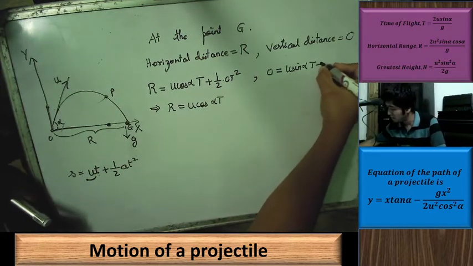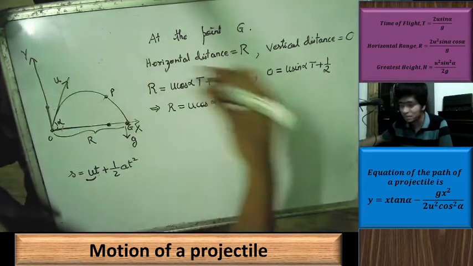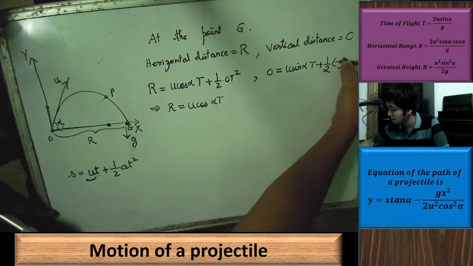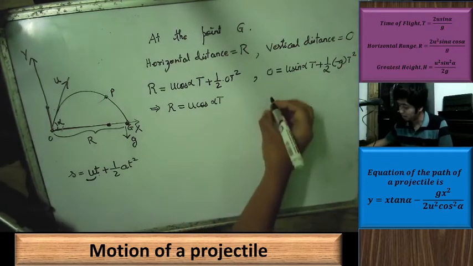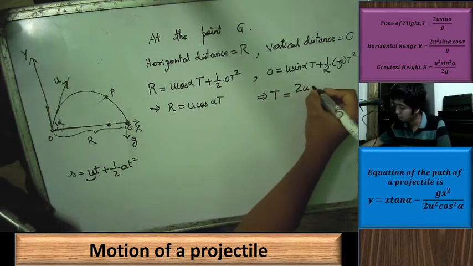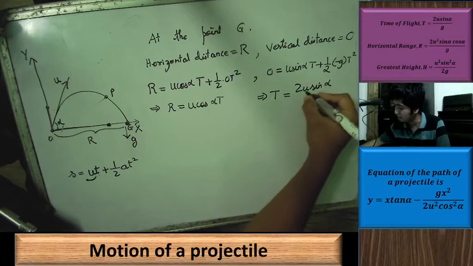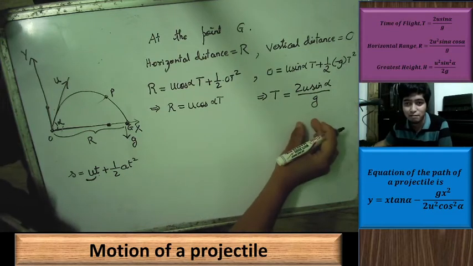Plus, acceleration due to gravity upwards is minus g, t squared. If you simplify this, you will get t equals 2u sine alpha upon g. So this is the required expression for the time of flight.